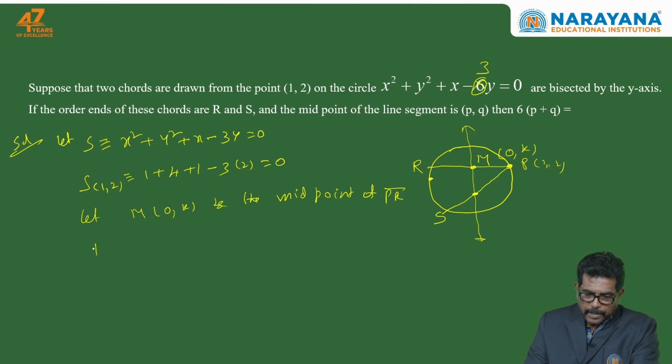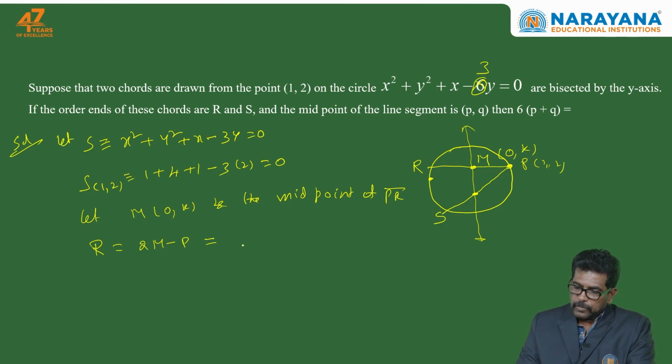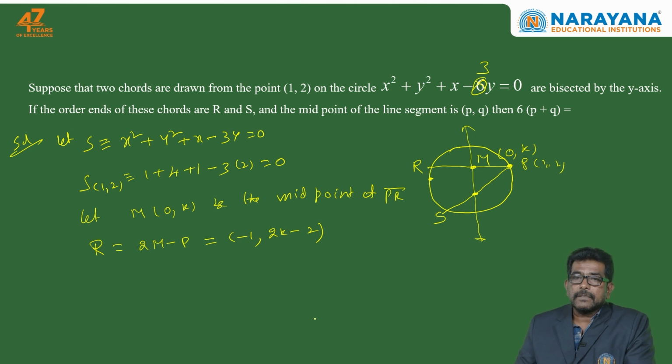Then R coordinates become, we have the formula, R is equal to 2M minus P. This becomes (minus 1, 2k minus 2). R point becomes (minus 1, 2k minus 2).